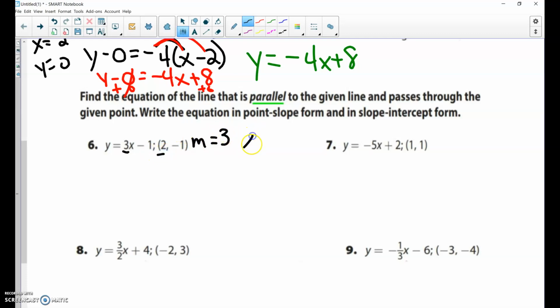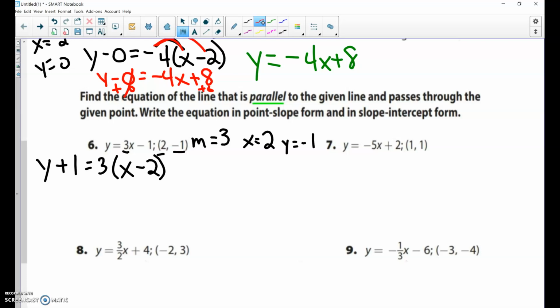Our x that they give us is 2, and the y they give us is negative 1. So I'll write it in point slope form first. So y minus the y they gave us is a negative 1, so minus a negative turns into a positive, equals m, which is 3, and then x minus the x1, which the x they gave us here is 2. So there's point slope form, so we can check that off.